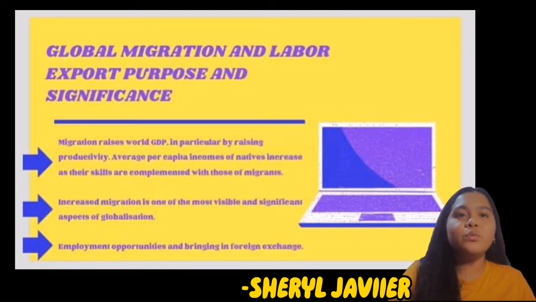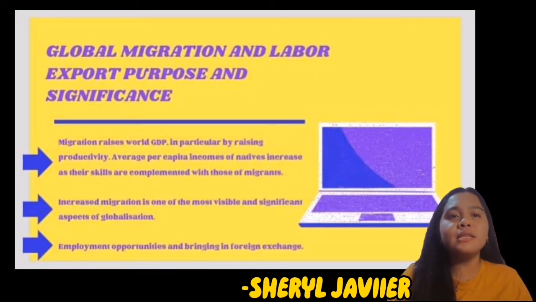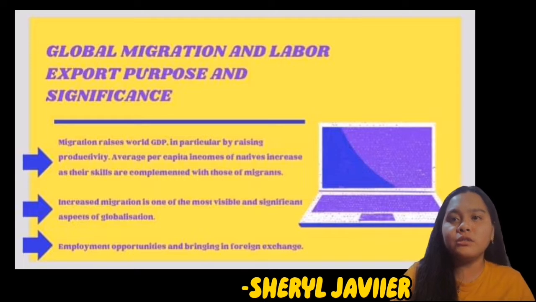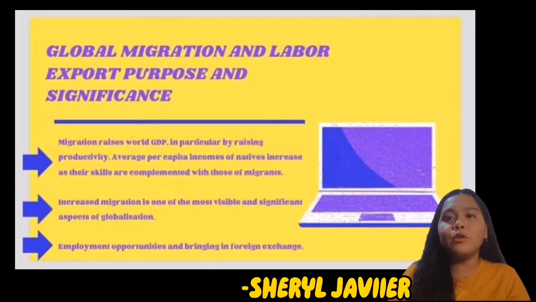Increased migration is one of the most visible and significant aspects of globalization, with employment opportunities and bright foreign exchange. Growing numbers of people move within countries and across borders, looking for better employment opportunities and a better lifestyle. Although migration is usually seen as problematic, it contributes to the sustainable development of a country.